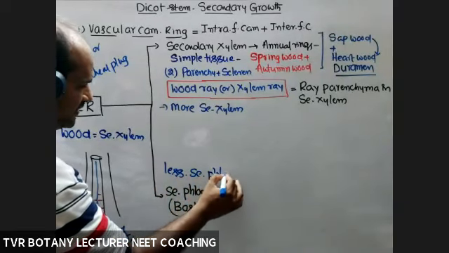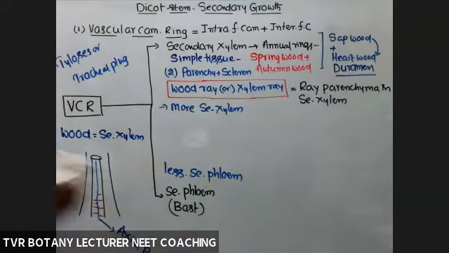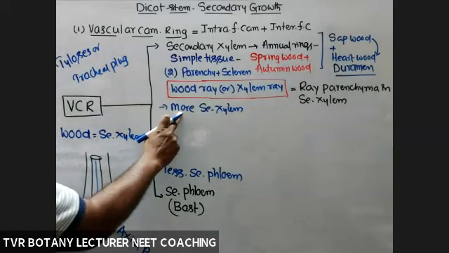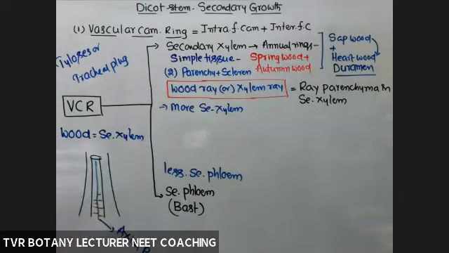What is the reason behind this? Simple reason: out of xylem and phloem, which one is able to provide mechanical support? Definitely xylem. And which one is able to transport water from soil against gravity? Definitely xylem. So that's why more secondary xylem must be produced, and the vascular cambium produces a lot of secondary xylem and less secondary phloem.